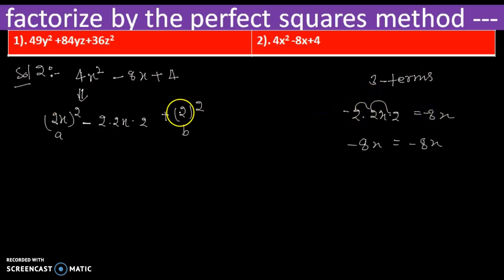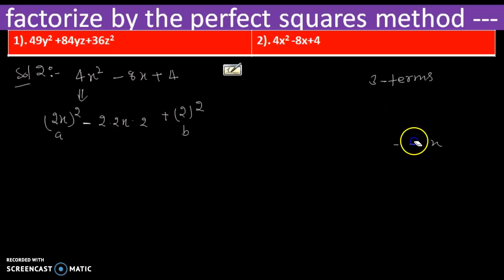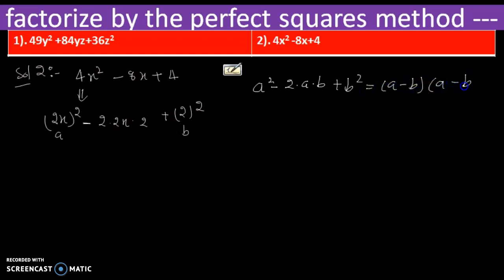Now we put it in the form of the formula. So what is the formula? The formula is a square minus 2 into a into b plus b square is equal to (a minus b) into (a minus b).